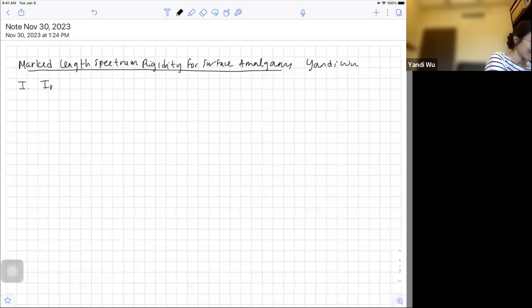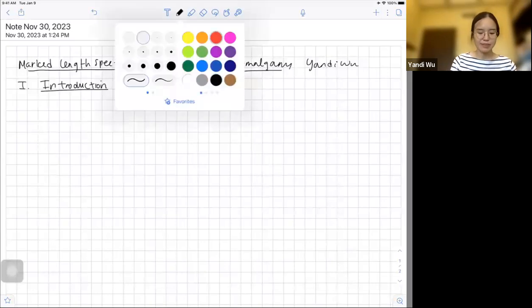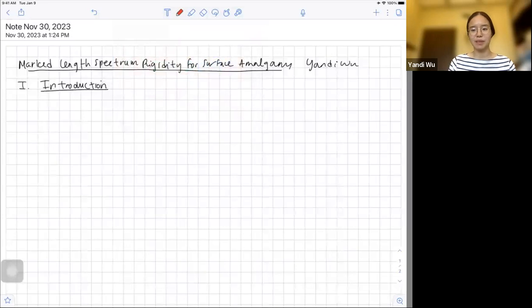So first I wanted to give an introduction and motivation to the problem. I like to start with a really famous rigidity theorem called Mostow rigidity. The original proof was in 1968, but since then there have been a lot of generalizations.